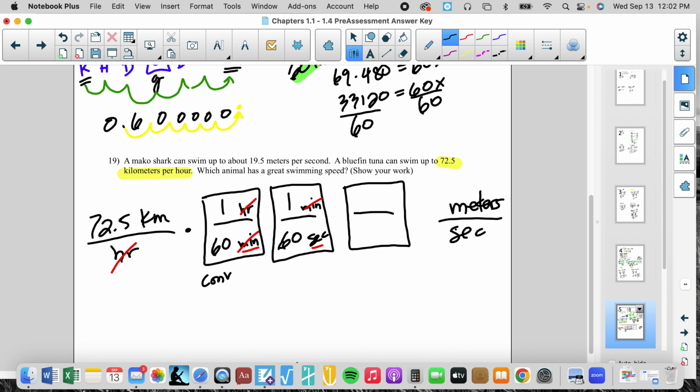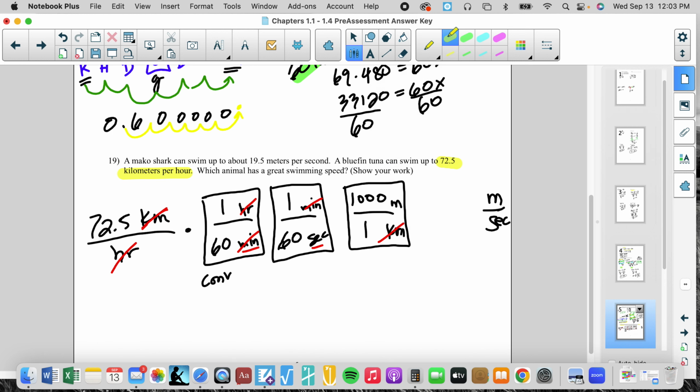Kilometers starts in the numerator, so if I want to get rid of it, I'm going to put it in the denominator, and I know how many meters are in a kilometer. 1 kilometer is equivalent to 1,000 meters, and I see that I've canceled, and I'm in my final units, meters per second. So this is all good.